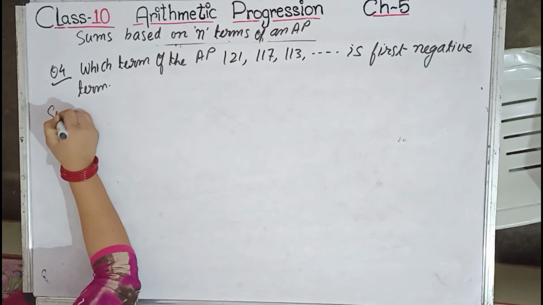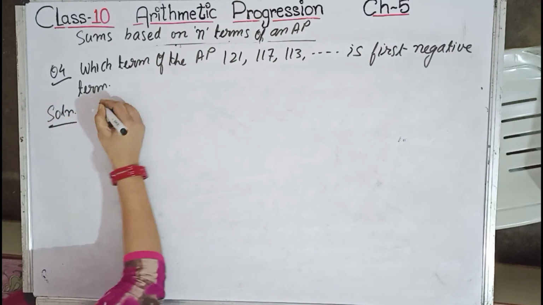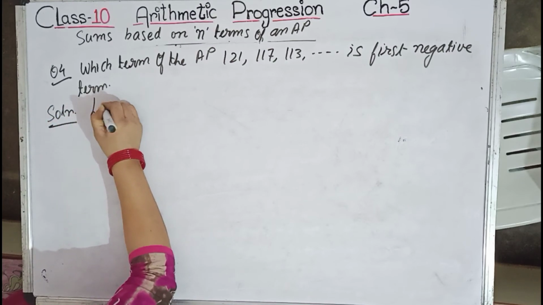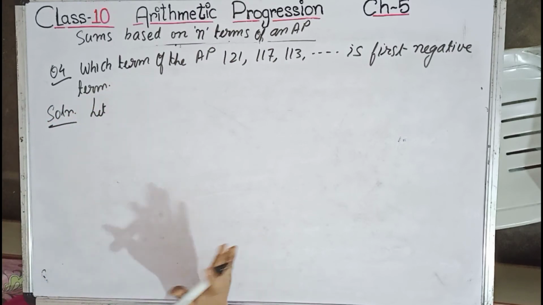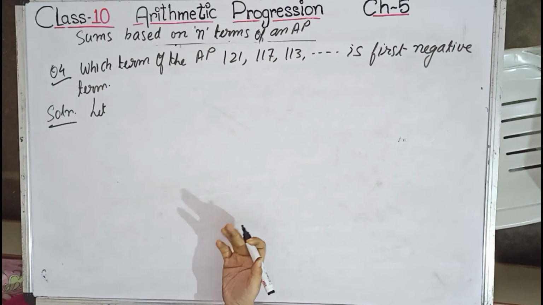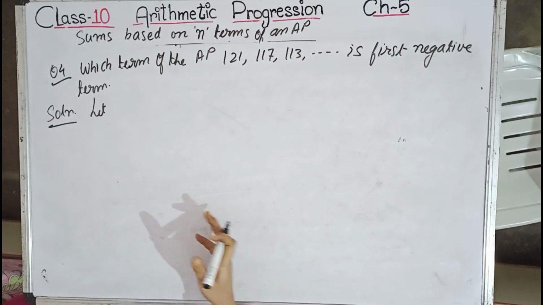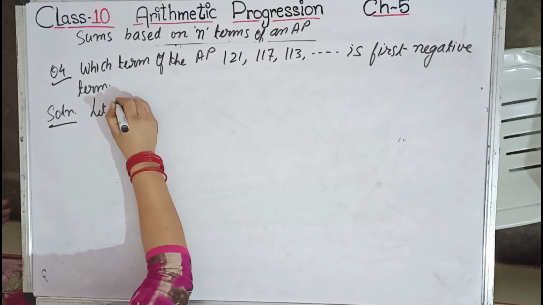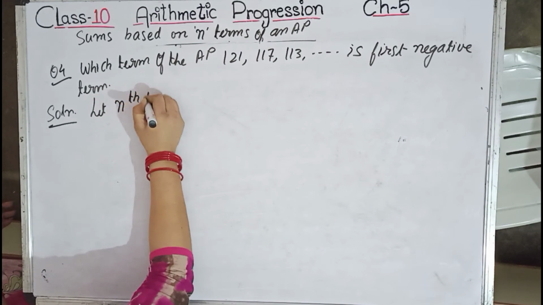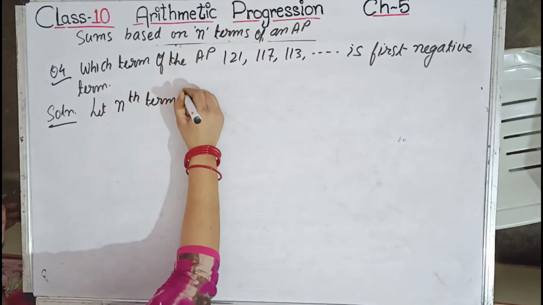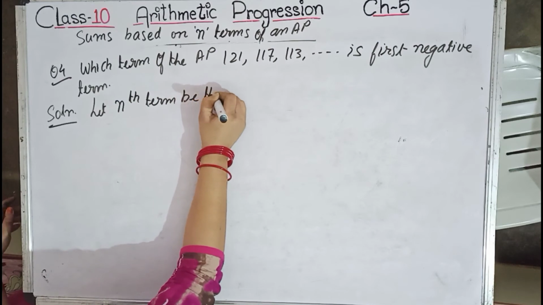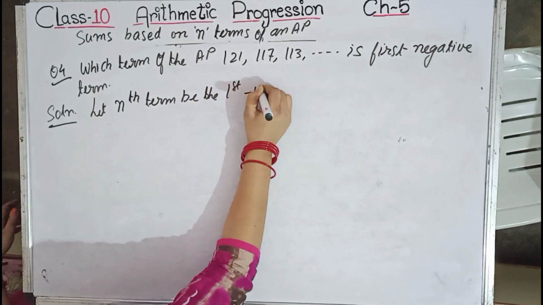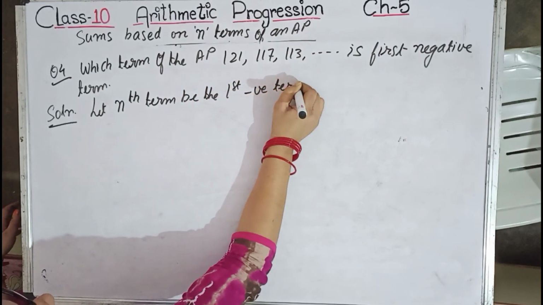So in the solution part we will write, now this sum I will be explaining. You can do the supposition in two ways. So let the nth term be the first negative term.